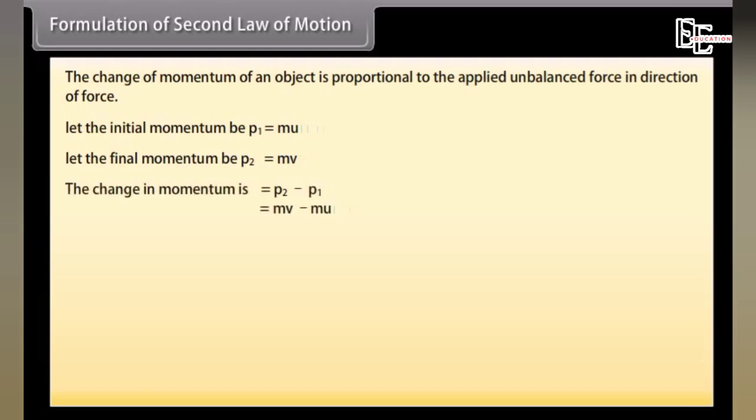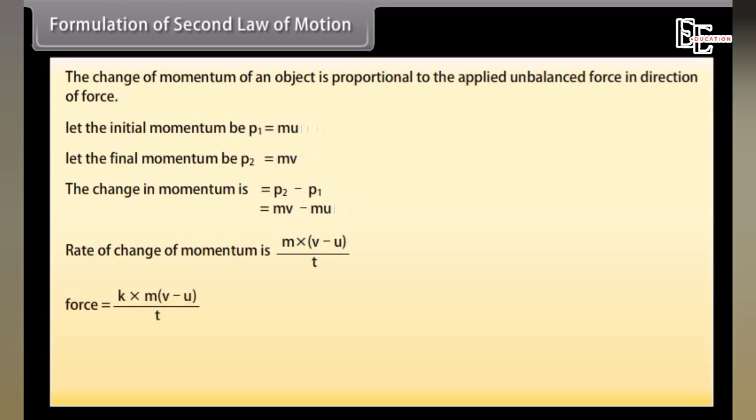The change in momentum is P2 minus P1, which equals mv minus mu. Rate of change of momentum is m(v minus u)/t. Force is equal to k times m(v minus u)/t. Force is equal to kma, where k is the proportionality constant.